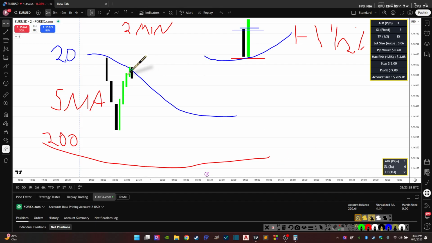Let me find my line again. Enter. Our stop is going above the green candle, and we will watch price continue down. I guess red would be a better color, huh?